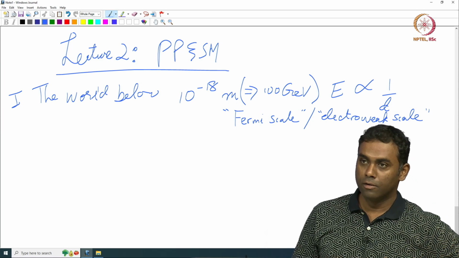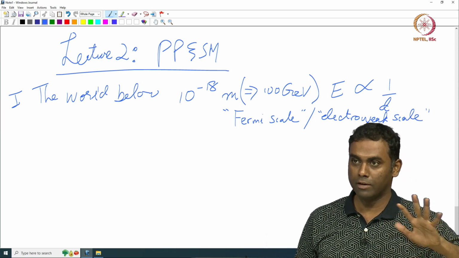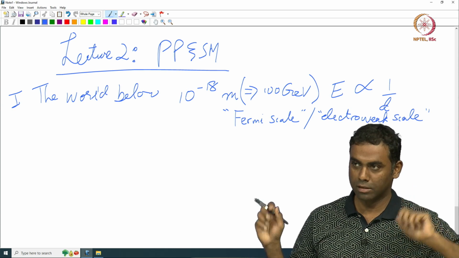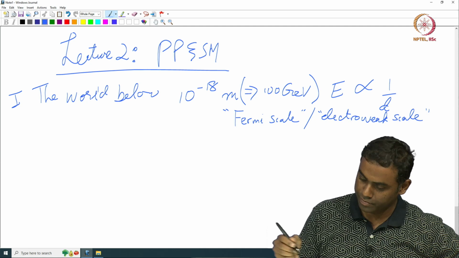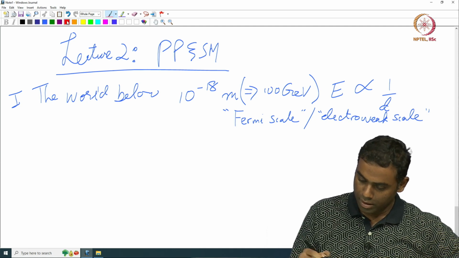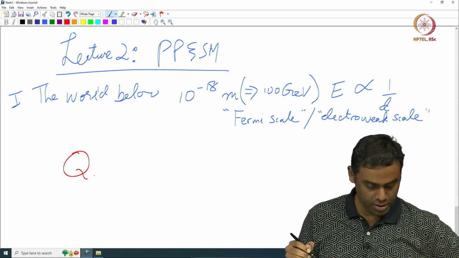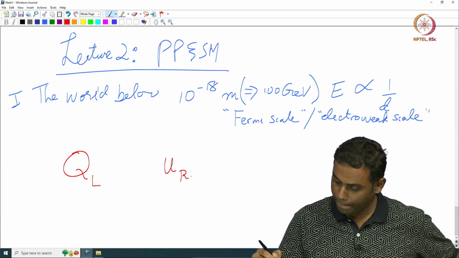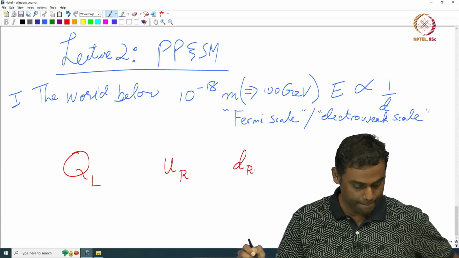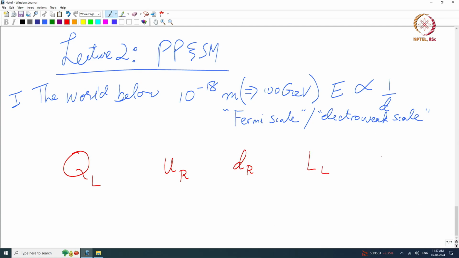There are 5 ingredients, 5 kinds of matter fields. What do I mean by that? Let me just write it down. I have these. Can anybody name these? What are the first 3 called? They are the quarks, but not quite.